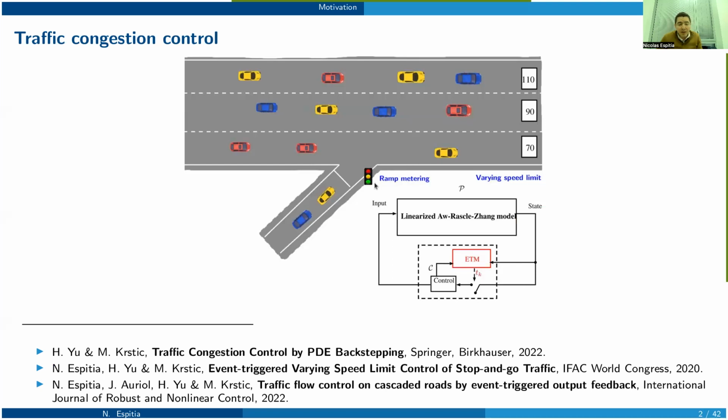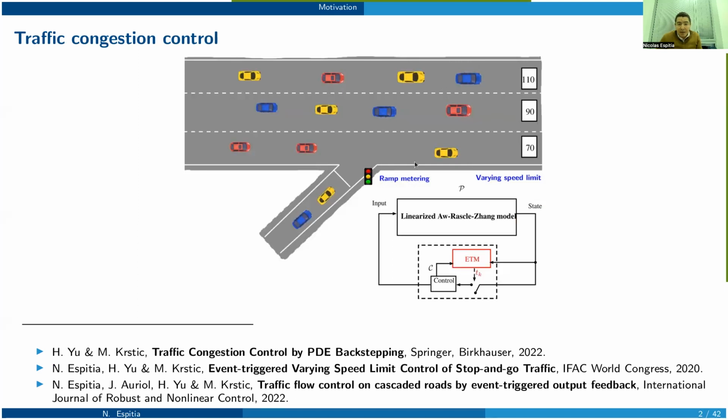So in ramp metering, the inflow is controlled through traffic lights, whereas in varying speed limit, the traffic flow is controlled through displaying the advisory speed that drivers have to adapt to, right?